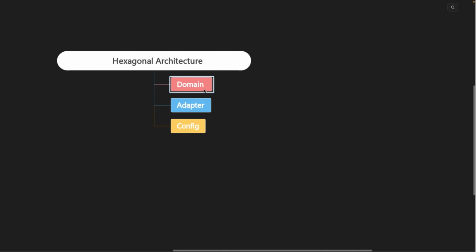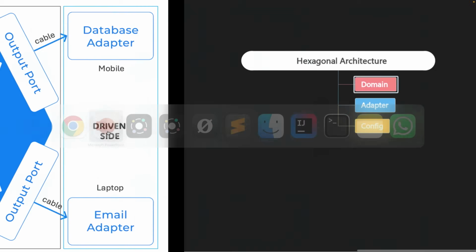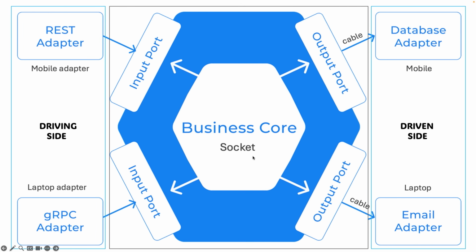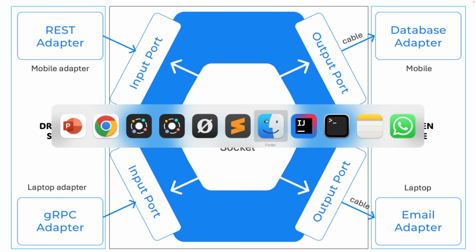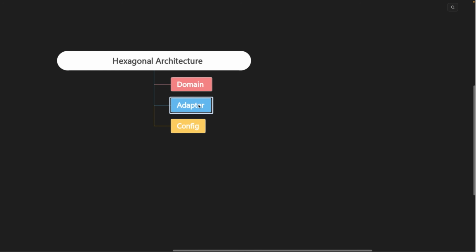The domain module, which will contain all the non-Spring components. If you understand this particular flow, that is your business logic, input port, output port, and then if you have any DTO or any wrapper class, you can keep them in this particular domain section.